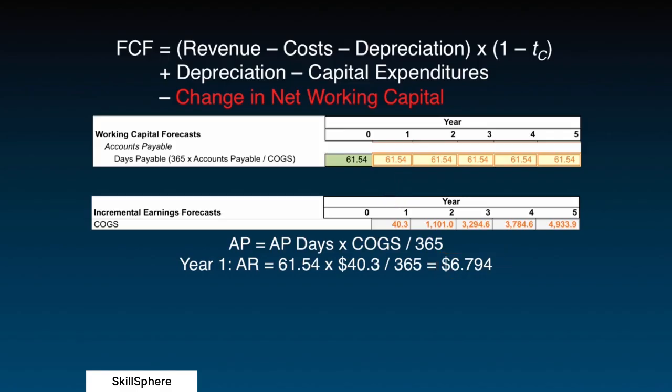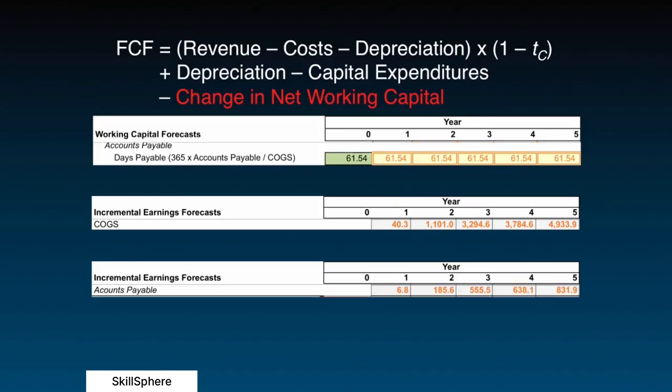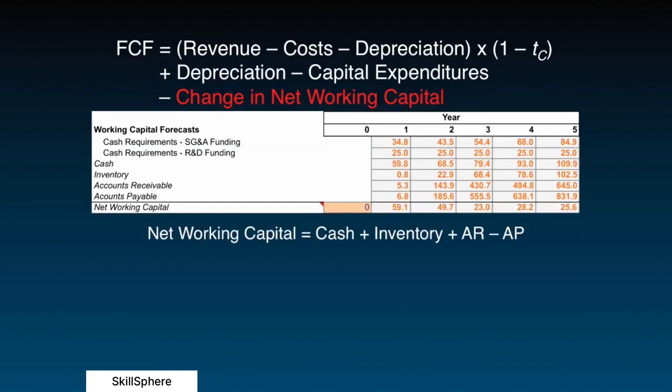Repeating that process again, years 2 through 5, we get our projected accounts payable series. And we can put this all together, our cash, inventory, accounts receivable, and accounts payable forecasts, to compute net working capital for each year. Remember, it's going to be cash plus inventory plus accounts receivable minus accounts payable. That gets us our net working capital.